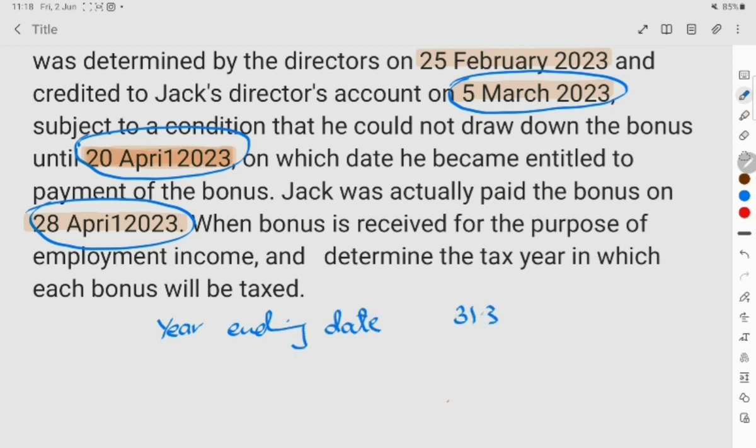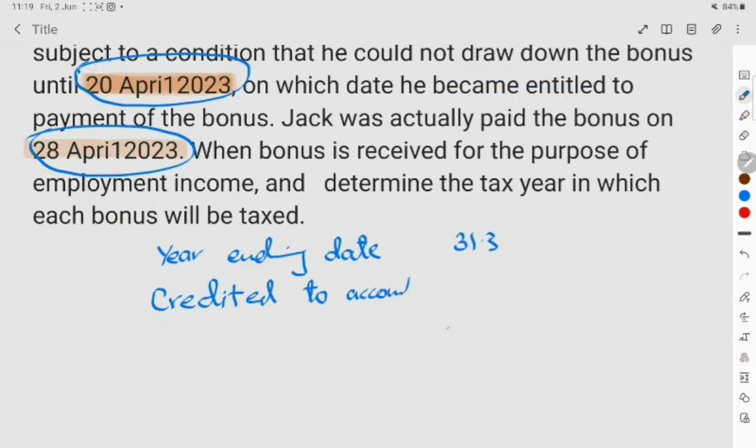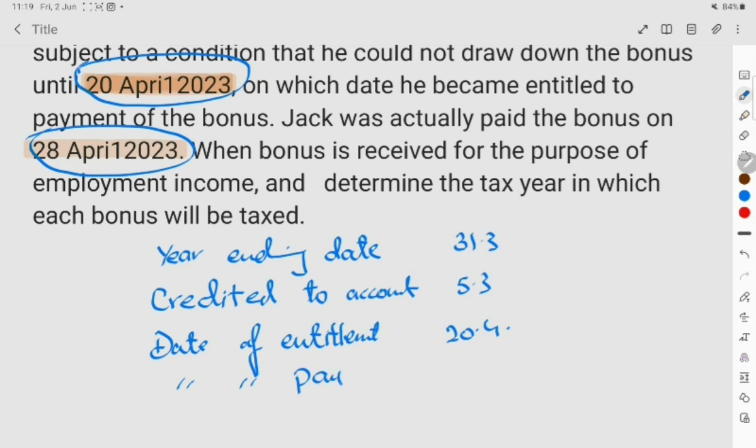So, the year ending date is 31st March. Bonus credited to account is 5th March, date of entitlement is 20th April, and date of payment is 28th April.